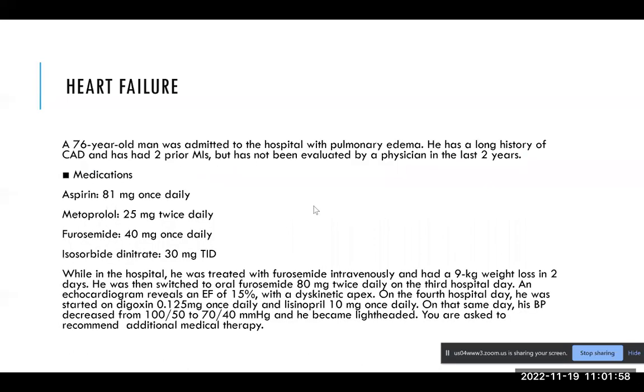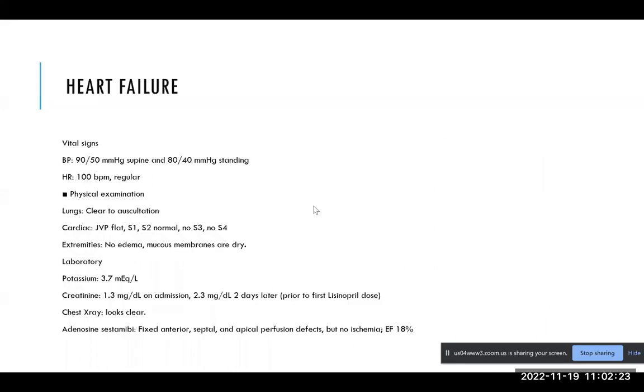So let's read the question again. He's on furosemide 80, he had 9 kg weight loss in 2 days, then he had a drop in blood pressure.